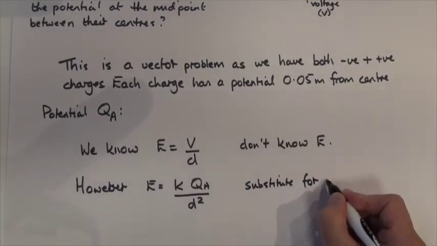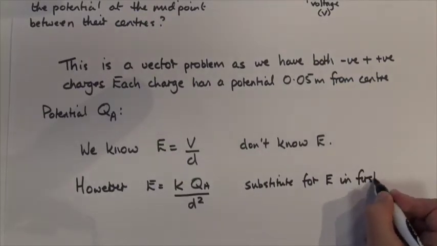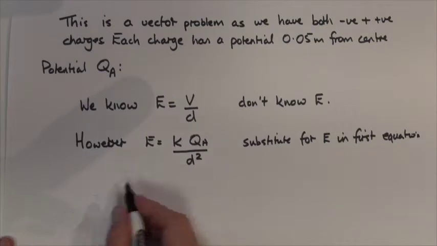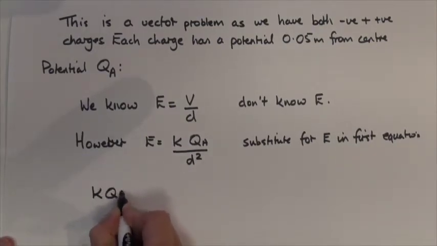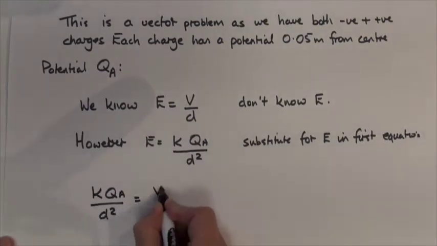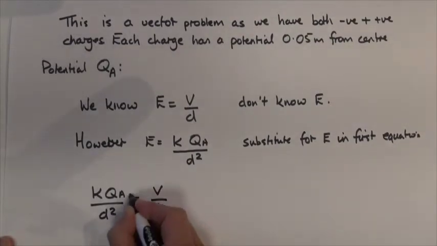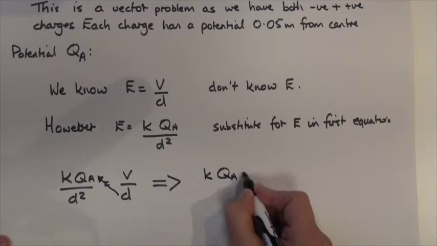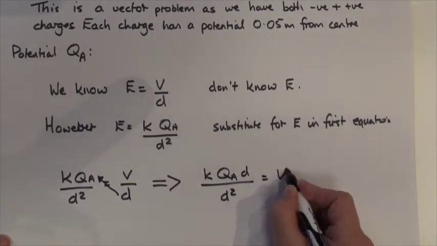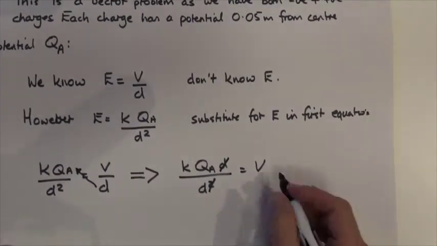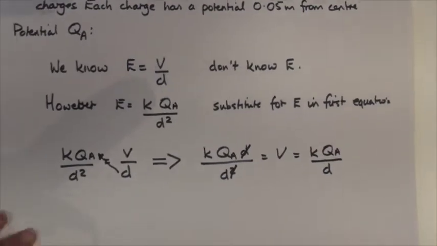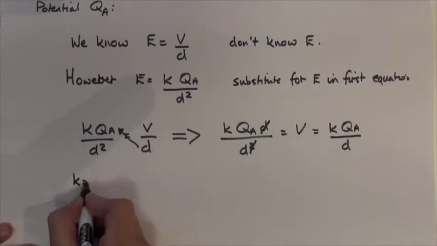If we substitute E into the first equation, we can then have an equation for V which doesn't involve E. So I get K times QA over D squared equals V over D. Now if I move the D up and take it to the other side to make V the subject, the two D's cancel out, so I get V equals K times QA all over the distance.